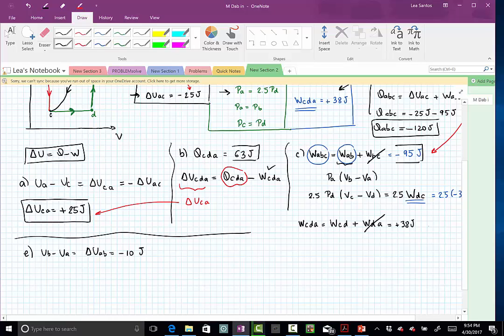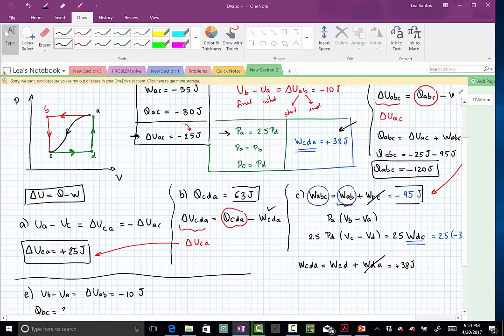Okay, so this is what they gave us. And based on that, they want to know what is QBC. Okay, so what is the heat as I go from B to C during this isovolumetric process.